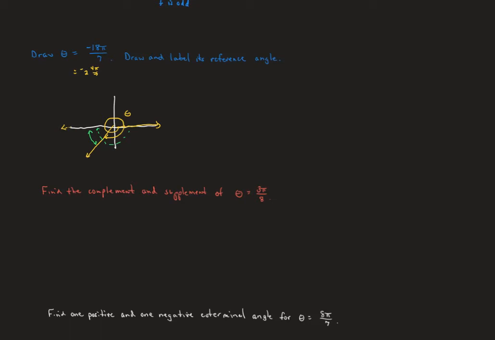So if we take the 3 pi minus that 2 and 4/7 pi, that's going to leave us with 3 pi over 7. So our reference angle is this angle that we see in the green, right here, and that's going to be 3 pi over 7. Remember, our reference angle is always positive, always acute, and always goes to the nearest x-axis.